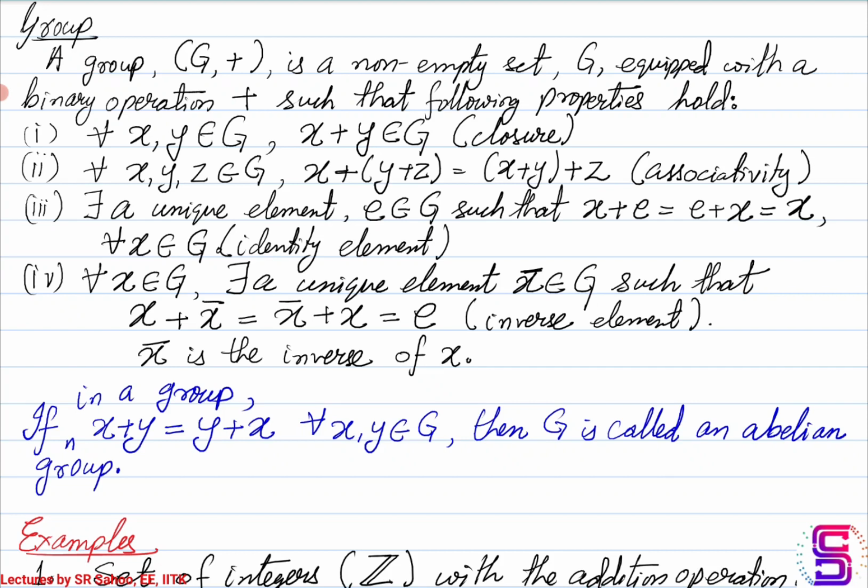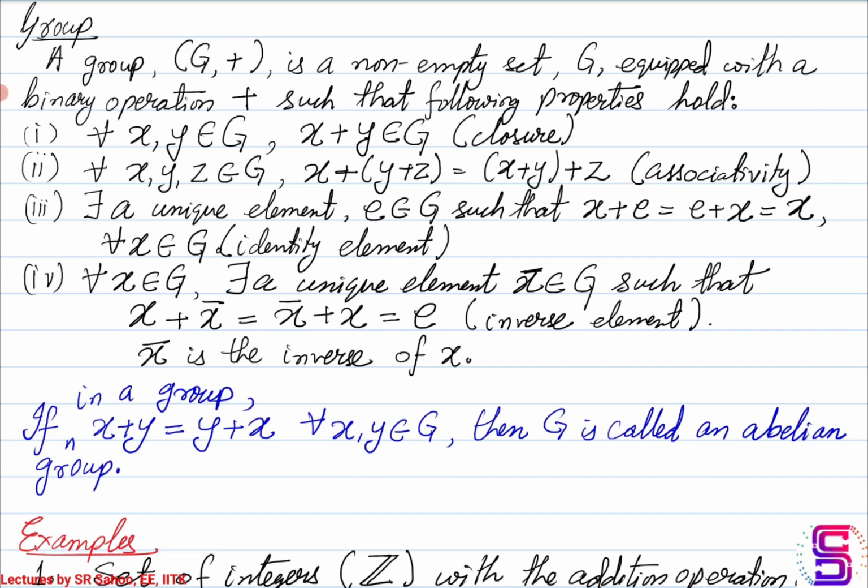The third property that this should satisfy is the existence of a certain unique element in the set. Now what is that unique element? This is an element E in G such that if you perform the binary operation of this element with any other element in G, you get back the other element.